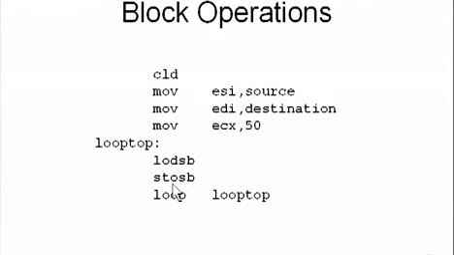The STOSB instruction copies the AL register into the destination, then adds 1 to the EDI register. The loop instruction, which you've seen before, subtracts 1 from the ECX register and branches to the top of the loop if the result is not 0.